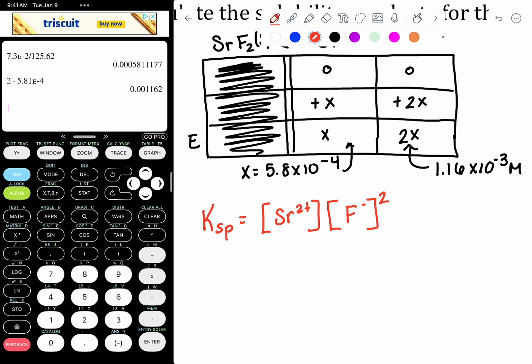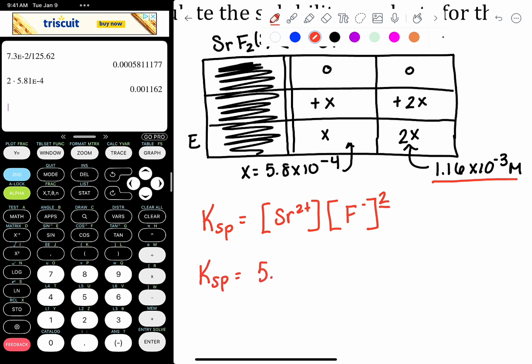So remember, we're counting for our balancing in two different places. We accounted for it here by multiplying that x value by 2, and we also account for it here by squaring that concentration.